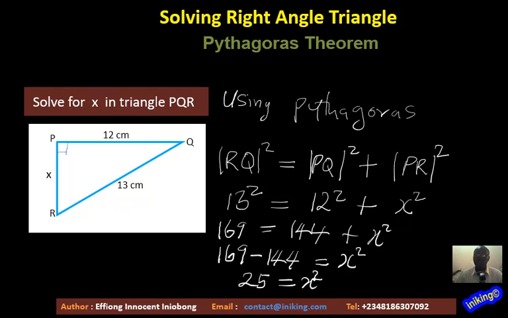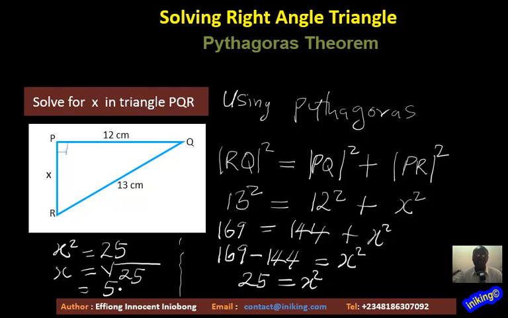Of course, we have no more space, but let's just jump there. If x square is 25, I'm sure you are all screaming that this is 5. Yes, x will be equal to the square root of what? Of 25. And that gives us 5 centimeters again.